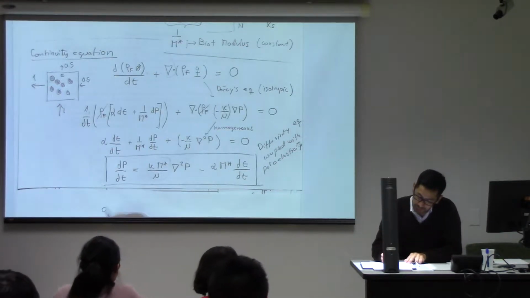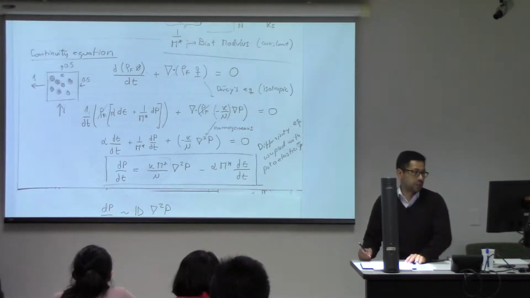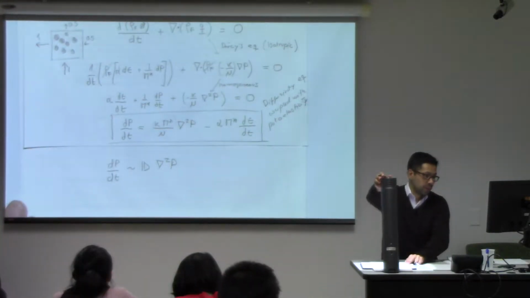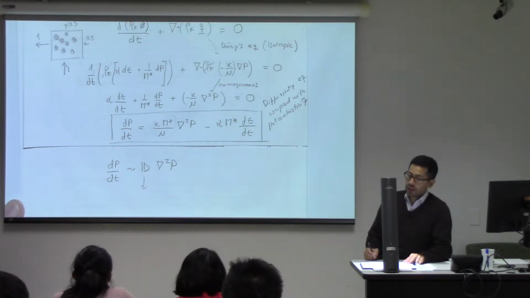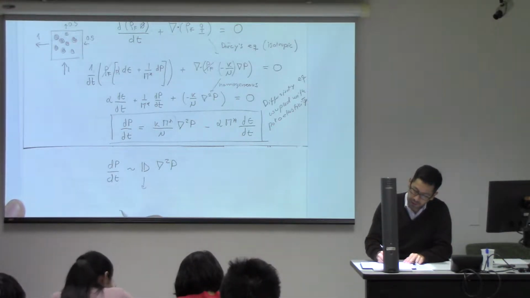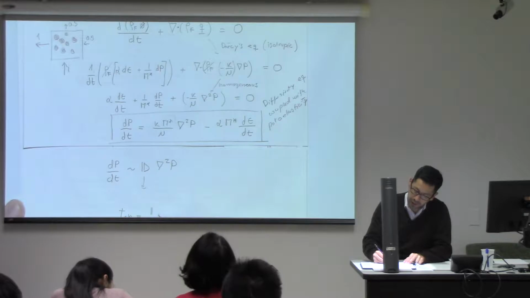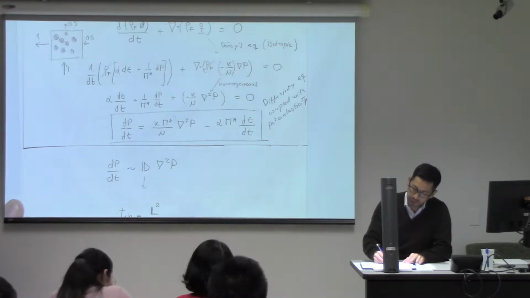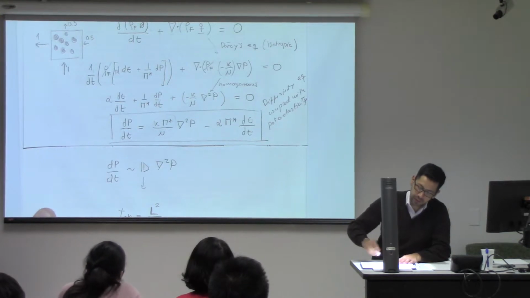So you could think of this as the diffusivity parameter, and just solving for P. From here, if you want to solve any type of diffusivity equation, you can calculate what is known as a characteristic time, which is going to be proportional to the characteristic length squared divided by the diffusivity parameter.